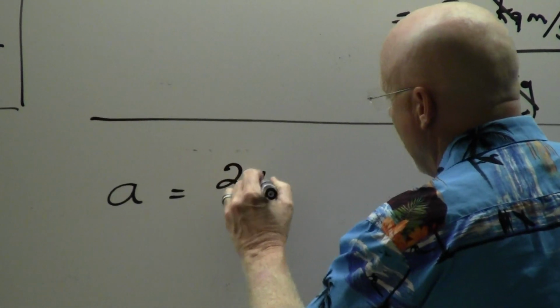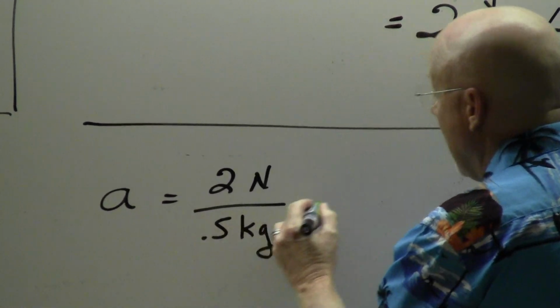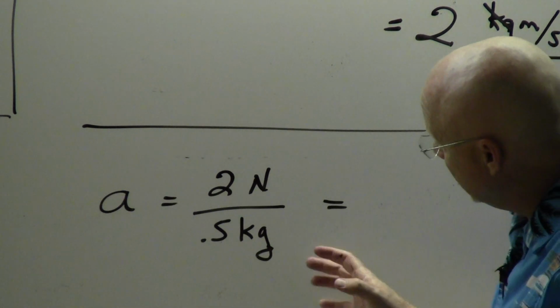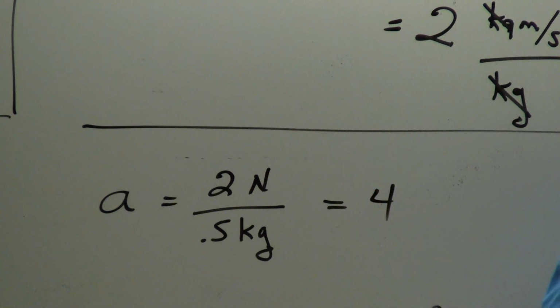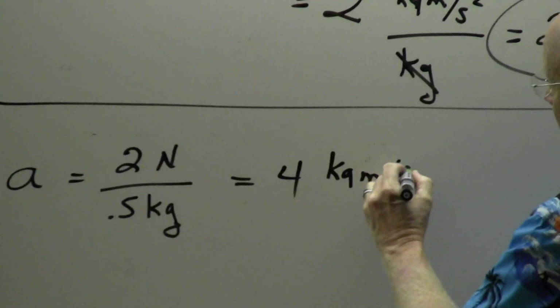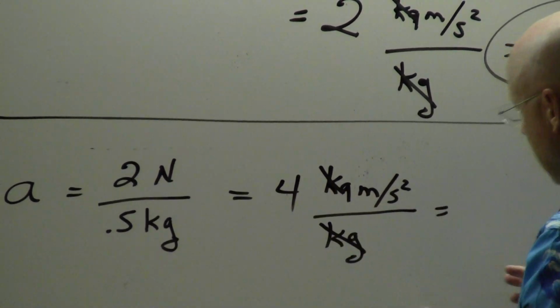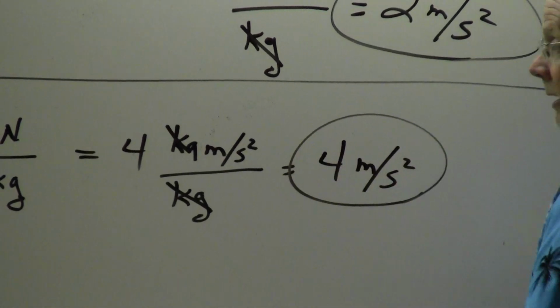Now, this would be a force of about 2 newtons. It's the same object, so I have the same mass. And going through this same calculation, 2 divided by 1/2 is 4. Remembering a Newton here is a kilogram meter per second squared, and so when I divide by a kilogram, the kilograms cancel off, and I get an acceleration of 4 meters per second squared.